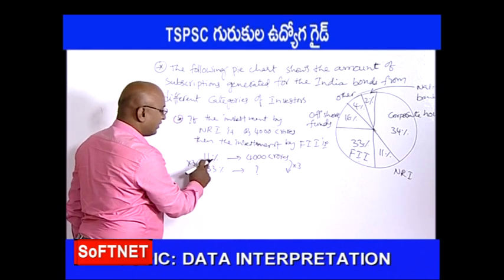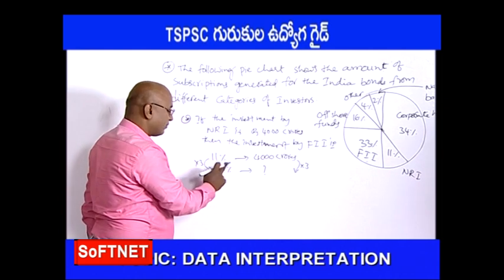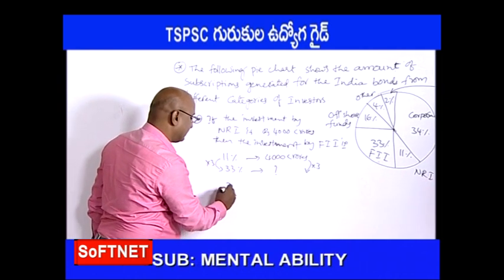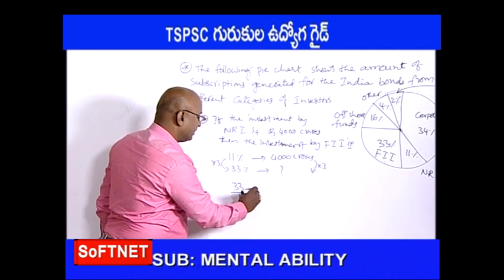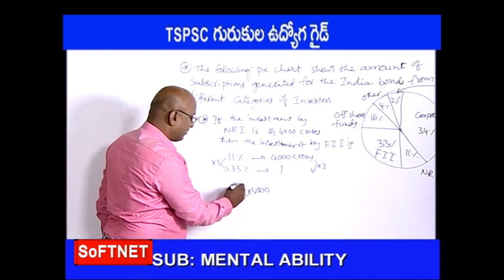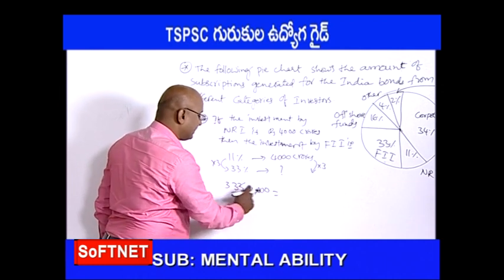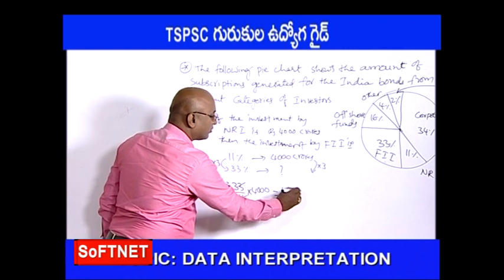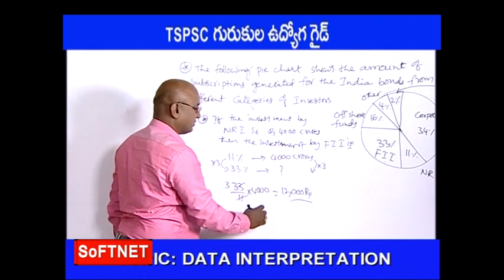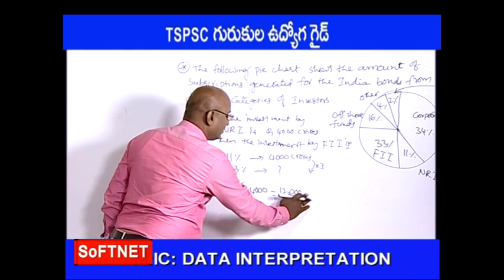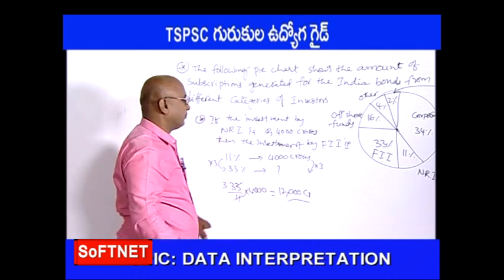Or otherwise, if 11% is 4,000 crores, then 33% is 33 by 11 into 4,000. 11 ones are 11, 11 threes are 33, and 3 into 4,000 is equal to 12,000 crores rupees. So 12,000 crores rupees is the answer.